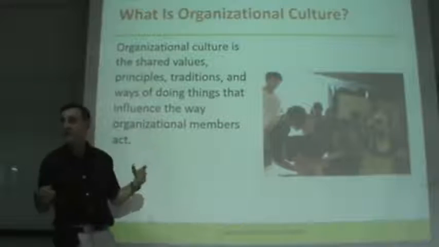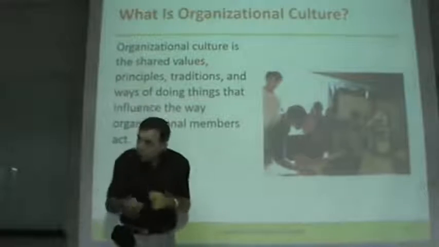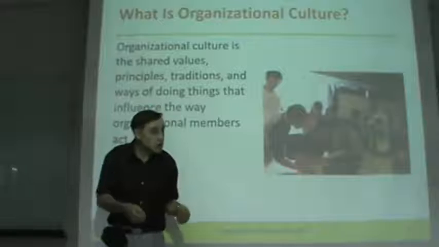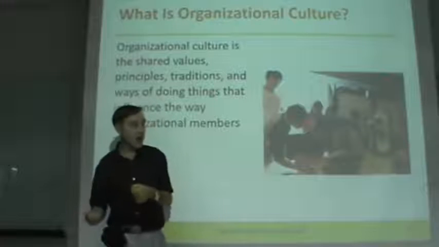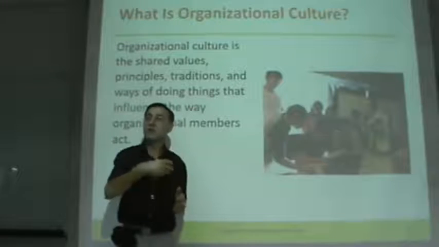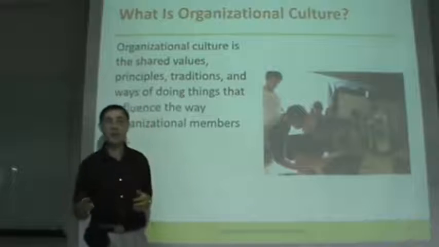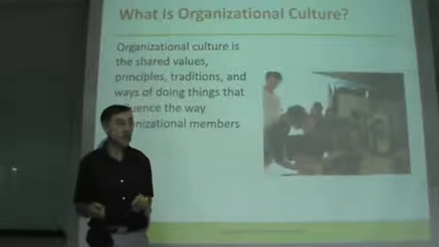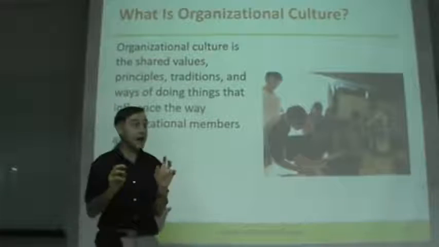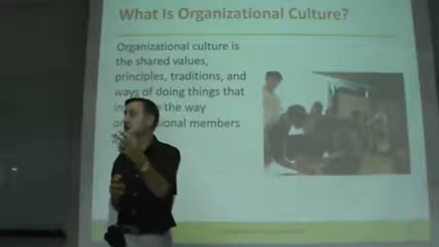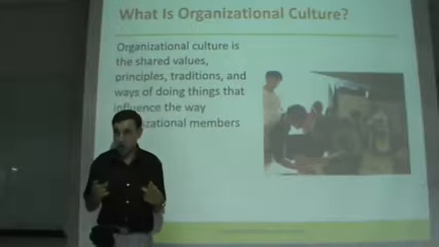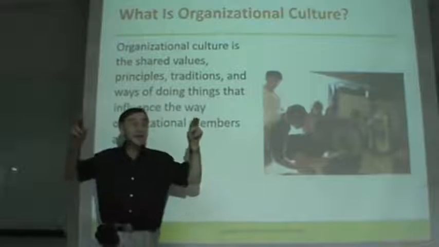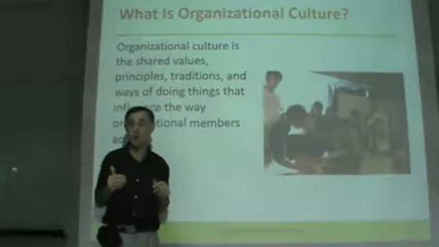Ways of doing things means that workers inside do things their own way. They got their own method of doing things. They got their own computer system to do things. An example as part of the organizational culture here is the LMS system which you all use.